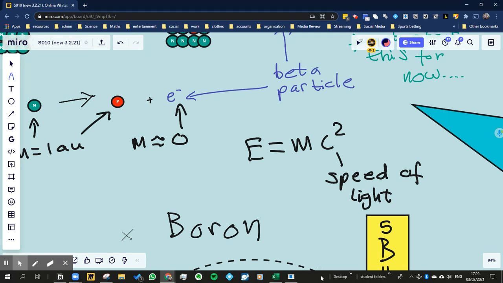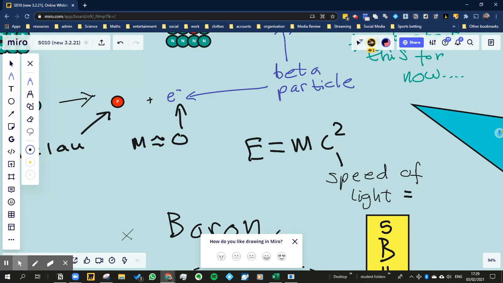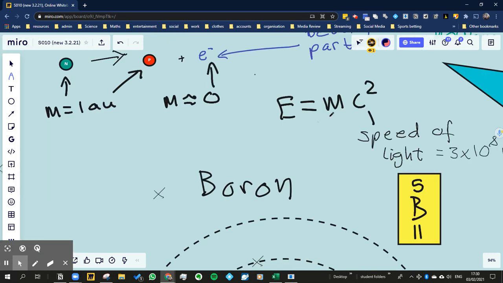It's nothing to do with that, really. There's a reason why it's the speed of light, but basically just think about it as a number. So it's multiplied by a number which just so happens to also be the speed of light.